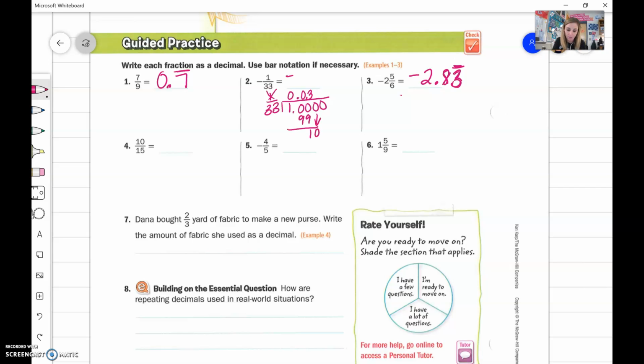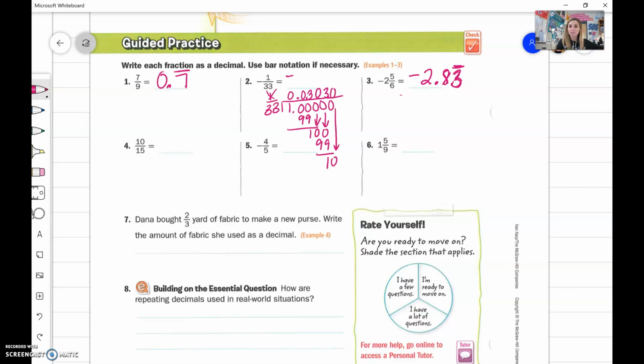I bring the 0 down. If I have 10, can I make a group? Nope. So now I need to bring that other 0 down. If I have 100, can I make a group? Yes, I can. I can make a group of 3, which is 99. I bring the 1, bring that 0 down. Are you seeing what's happening?